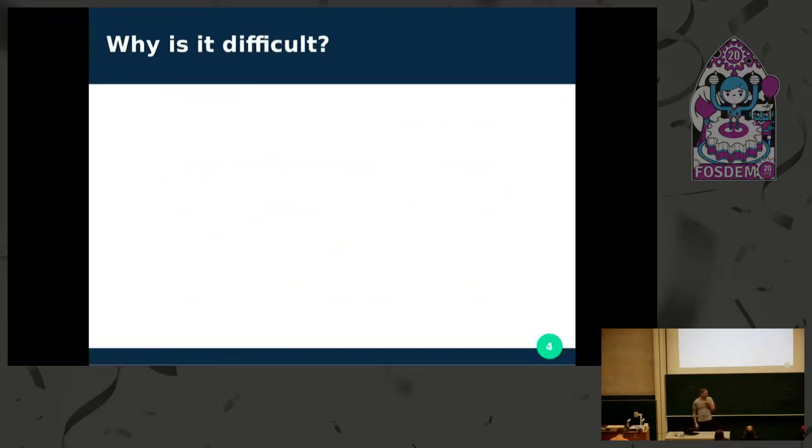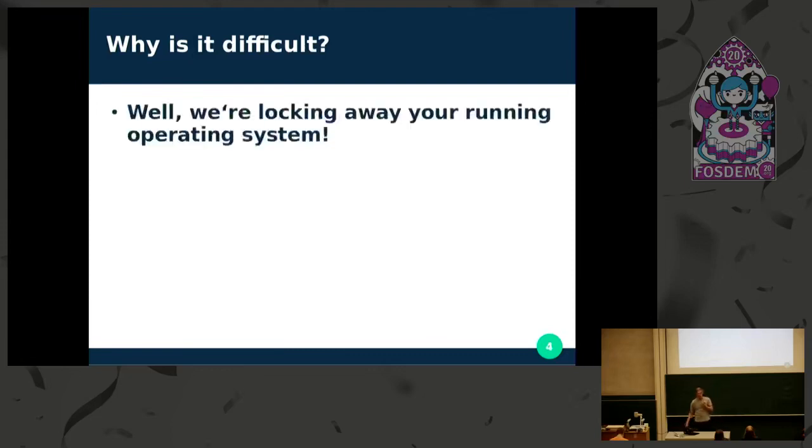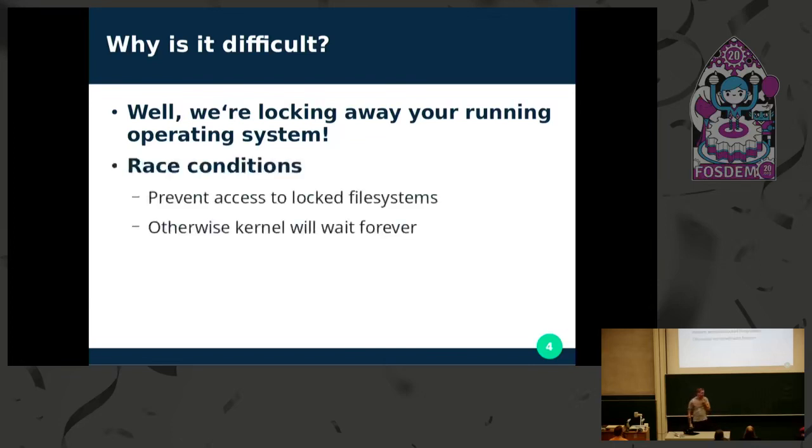So first of all, why is this even difficult? Well, we're locking away your running operating system. If this doesn't sound difficult to you, lucky you, it was difficult to me. So there's all kinds of race conditions that can happen.